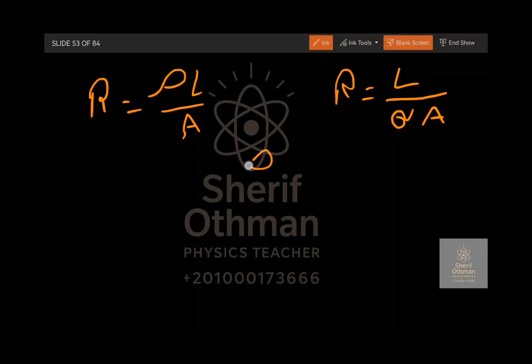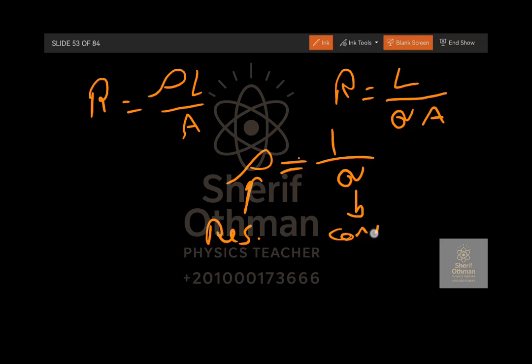Only the difference between them is rho equals 1 over sigma. Rho is the resistivity, while sigma is conductivity. As the conductivity increases, the resistance will decrease. As the resistivity increases, the resistance will also increase.